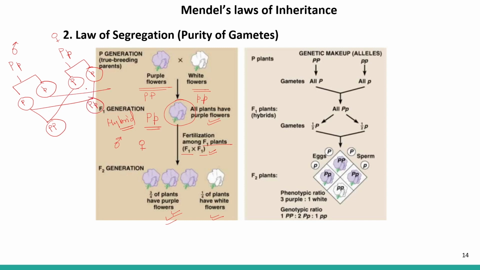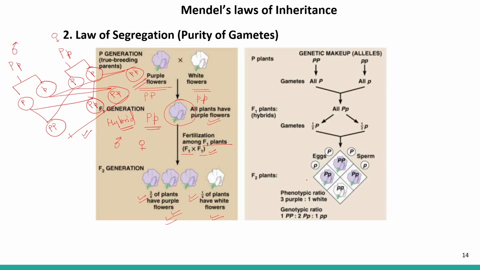This can be capital P, small p. But this one will be small p, small p. So these three are purple flowers and this one will be the white flower. So 3/4 of the plants have the purple flowers and 1/4 of the plants will have the white flowers.